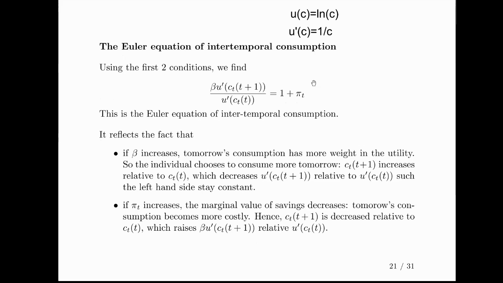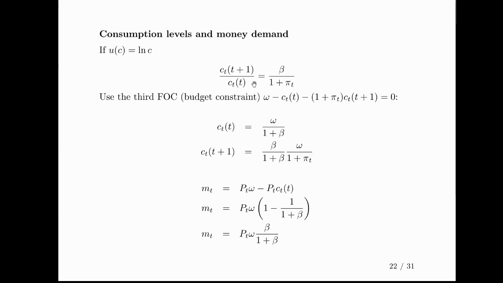And now I've put some more structure by assuming a functional form for utility, and I get this exact answer. So my ratio of consumption has to be equal to beta over 1 plus pi_t.